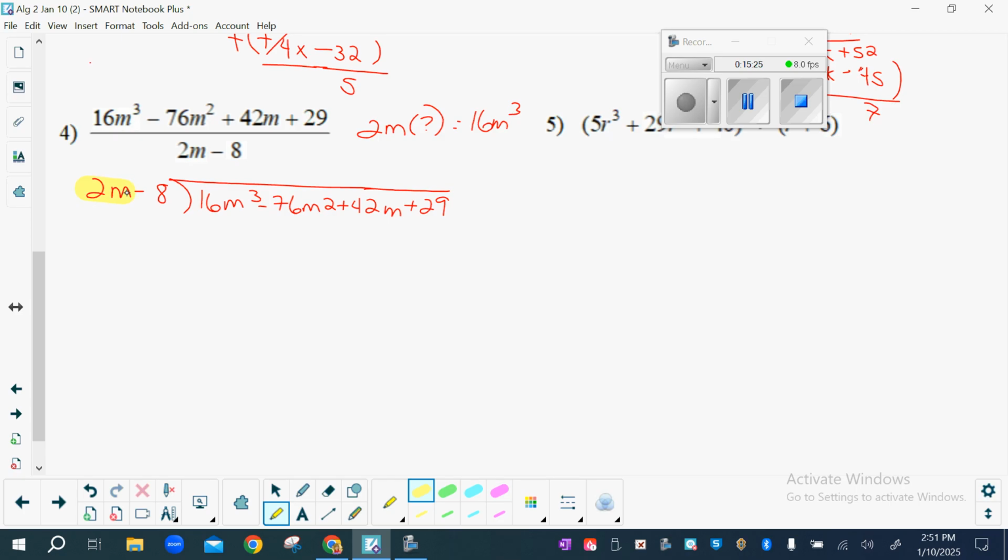What do we multiply 2m by to get 16m cubed? 8m squared. 8m squared. Thank you, those of you who are sitting quietly. Attention back up here, please. So now what do we do next? You multiply the 8m squared by 2m minus 8.